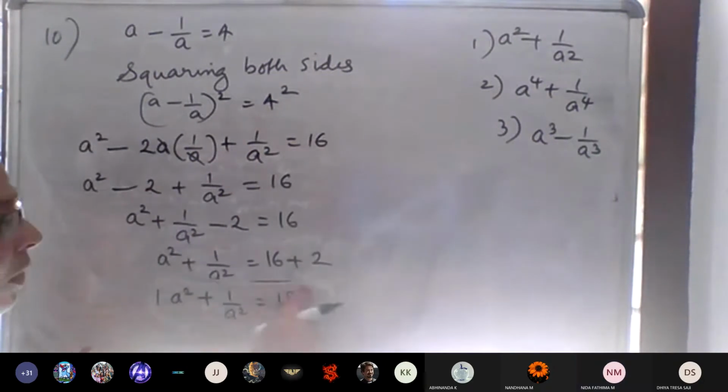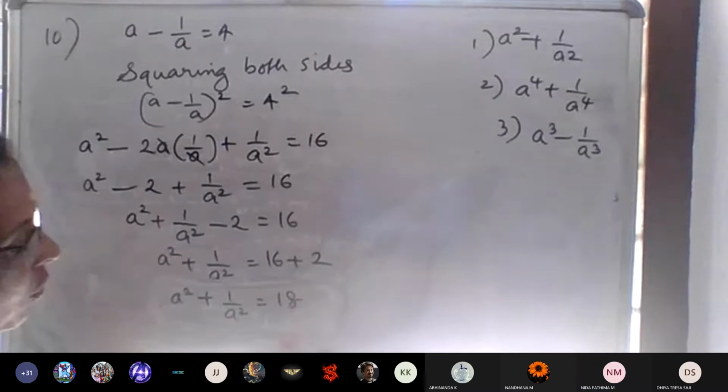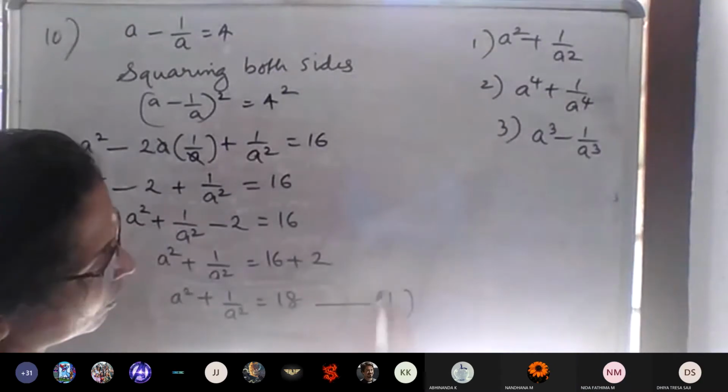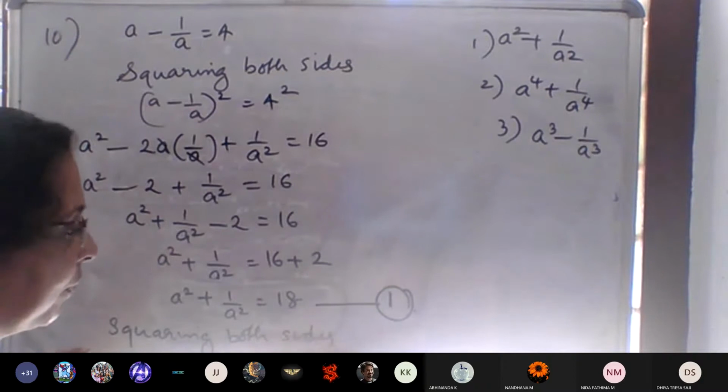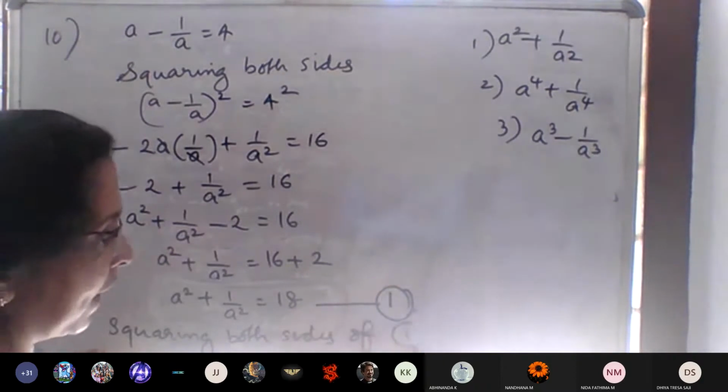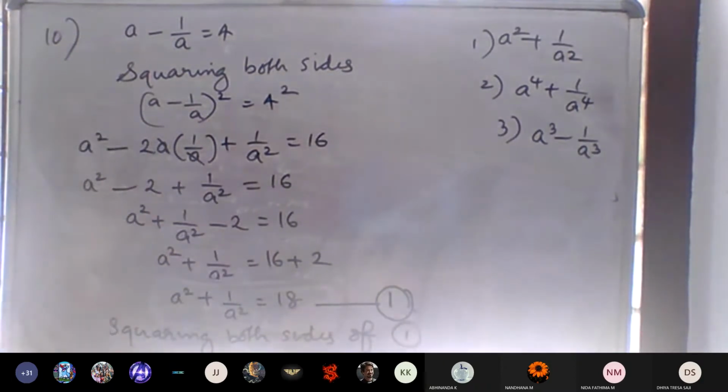So one thing you do. This is the first equation, so let it be equation number 1. That is better, otherwise it will confuse you.